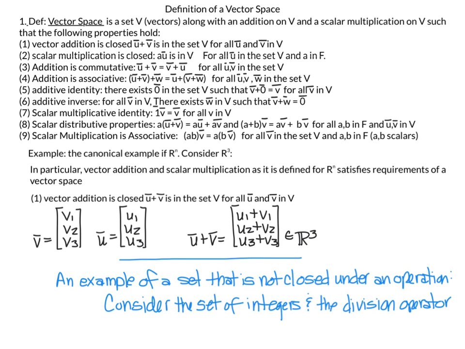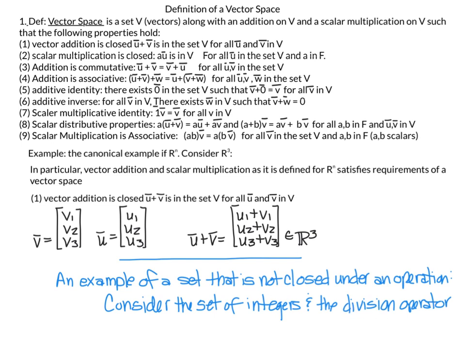And just to give you a sense of what closure is, because sometimes an example of something not closed will be just as informative as something that is closed. An example of a set that is not closed under an operation: consider the set of integers under the division operator.